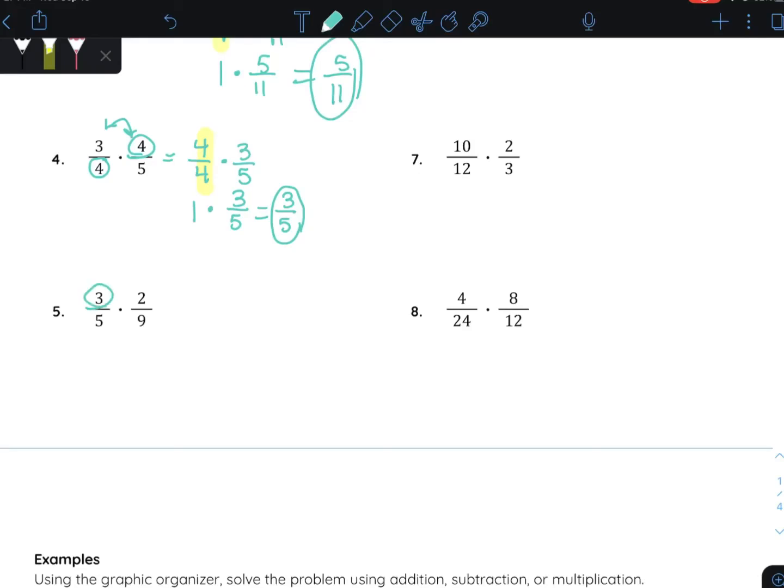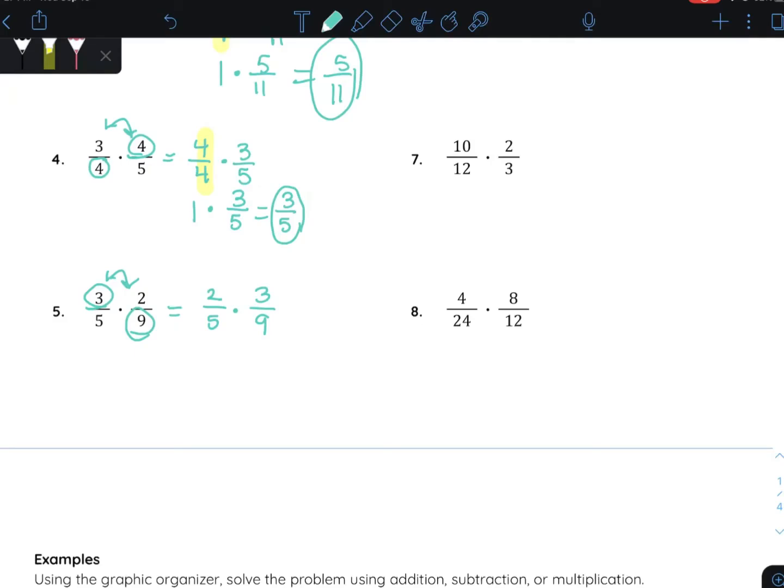All right, here, I see these two numbers that share factors, the 3 and the 9. So I'm going to switch this, and then I'm going to think about what exactly this means. So now it's going to say 2/5 times 3/9. If at this point you know what 3/9 is equal to, that's really quick. But I just want to look at it for a second.